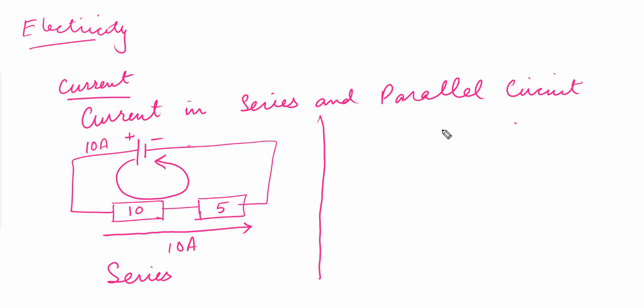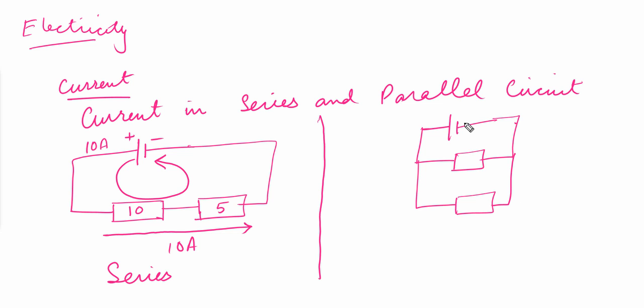Now let me draw a parallel circuit. In a parallel circuit we have two resistors that are attached in parallel. This is the positive terminal of the battery, here is the negative terminal of the battery. Let's suppose this resistor is of 10 ohm, this resistor is of 5 ohm, and a total of 10 ampere of current is being produced by the battery.